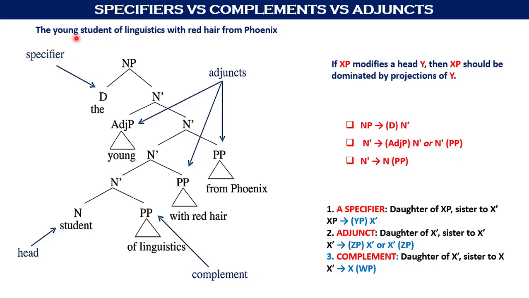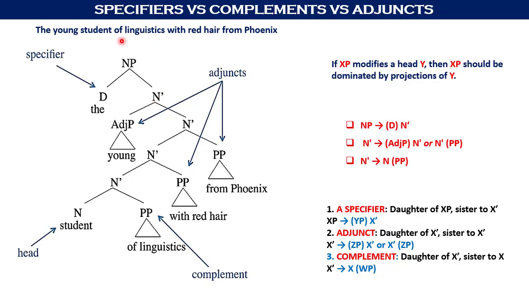So when you have adjuncts in a phrase, they must be daughters of bar levels and sisters to bar levels. Take note. But a specifier is the daughter of the phrase and a sister to an X-bar. So take note of that. Now we are done with the adjuncts in this phrase.